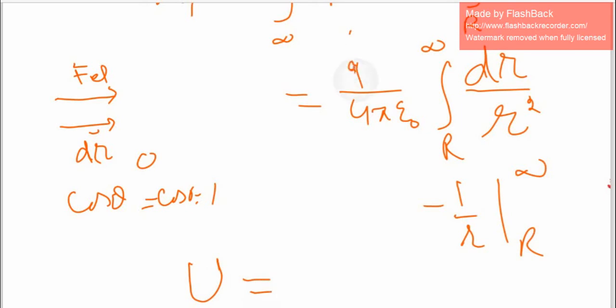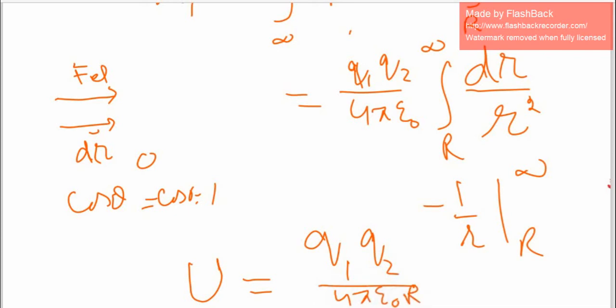Sorry, here I made a mistake, q1 q2. What I end up with is the electrostatic potential energy q1 q2 over 4 pi epsilon naught r, since 1 over infinity is equal to 0.